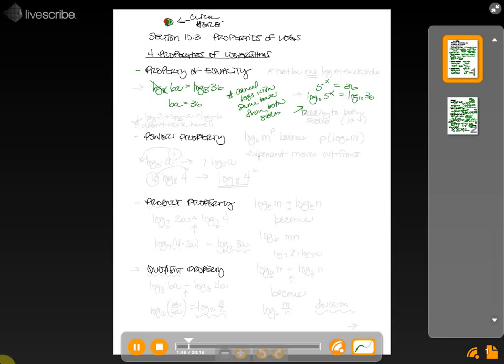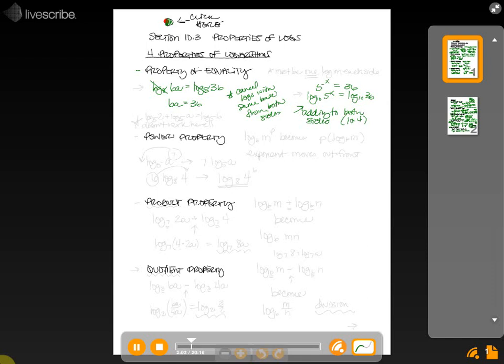Now this idea here, adding to both sides, is something we'll use in 10.4. So you won't be using that idea today, but you can. And I want you to know that the property of equality allows you to take the logs away from both sides, but at the same time it allows you to add logs to both sides as long as they have the same base.